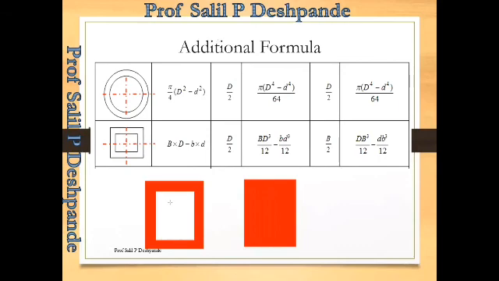Only, instead of taking these two rectangles together, I will keep them separate. So this is one small rectangle and this is another small rectangle, and that is the reason why the formula of this and the formula of this I can keep the same.